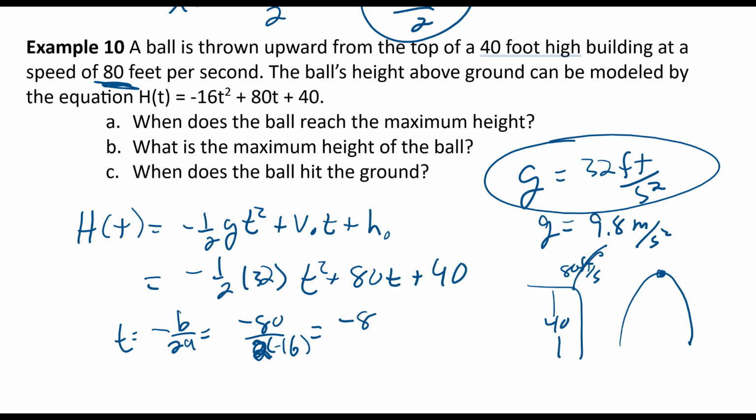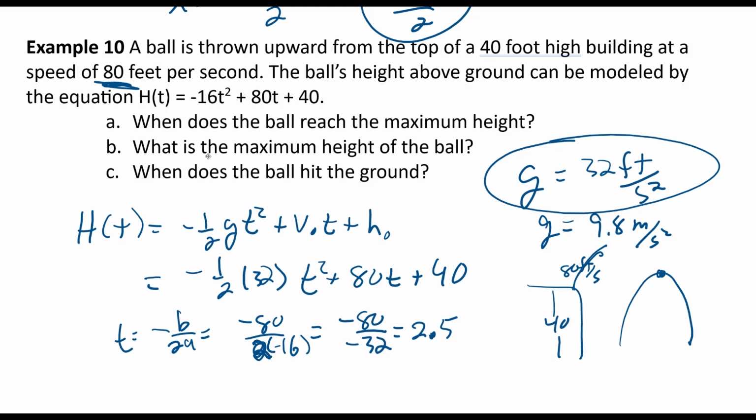So that's negative 80 over negative 32, which I'm not going to guess. I'm thinking it's 2.5, but I'm not guessing. I'm going to my calculator to do this. Yep, 2.5.